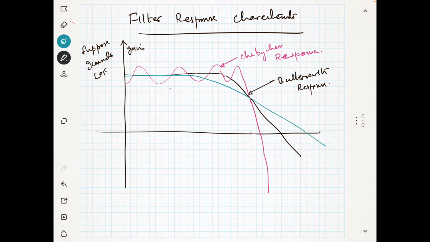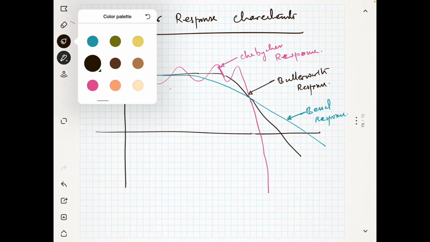This is the Bessel response. It is nothing but the frequency response of the filters. The frequency response follows this particular pattern based on your design and how you place the capacitors and other components. I will describe each one of them now.